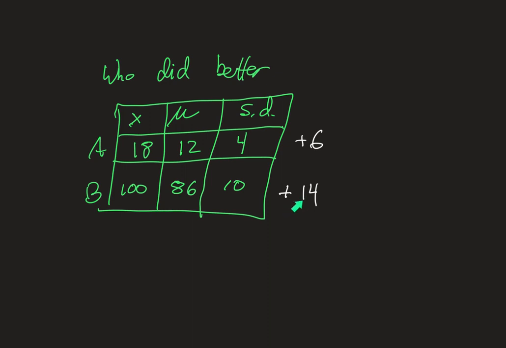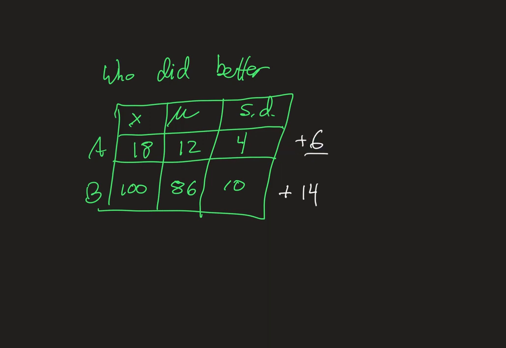And still you say, okay, well, this is still more than that, but relative to the spread of the data, how is it? Because here the average data only varies by 4. Here the average data spreads by 10, which means this has a greater spread, but relative to the difference, how does that compare? So basically, I'm 6 more, but this is 1 standard deviation. Well, how many standard deviations is this?